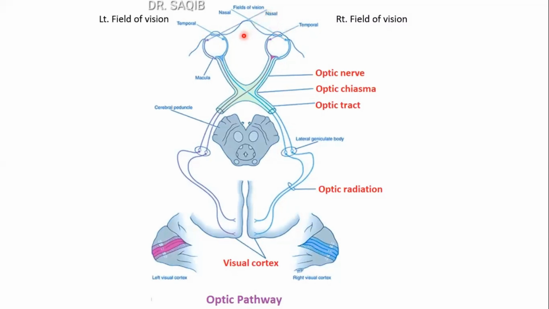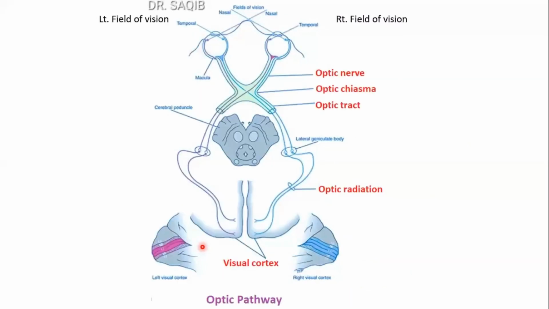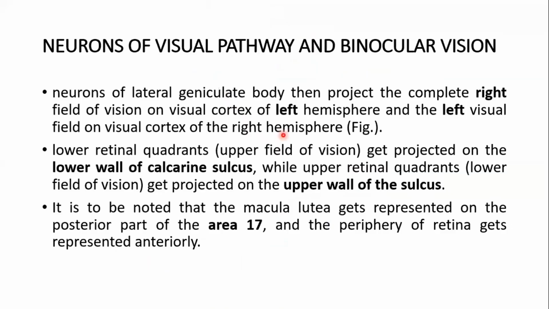This is the nasal, and this is projecting over here, and the nasal is projecting over here. And in the optic chiasma, axons from these two retinal halves combine to constitute the left optic tract. Here you see this. This is the one optic tract, and this is the one optic tract.